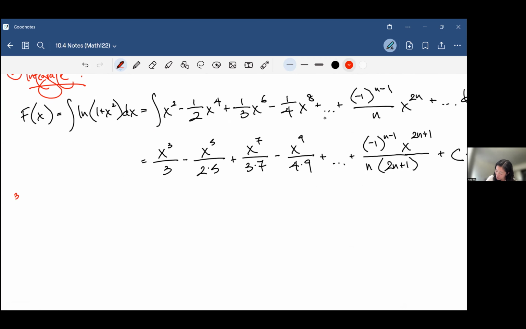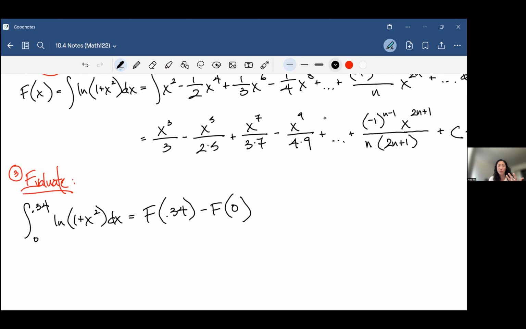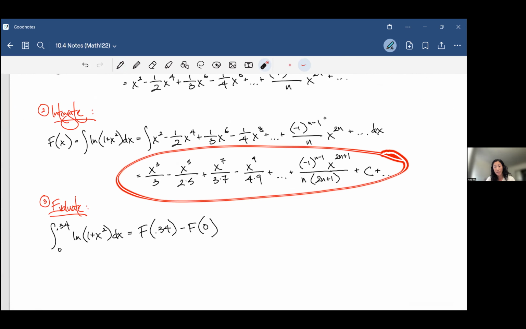Now we get to evaluate. All right, so the integral between 0 and 0.34 of this natural log of 1 plus x squared dx is equal to f of 0.34 minus f of 0, right? That's what it means when we're going to take this integral that we got from above, we're going to plug in the top bound, and then we're going to plug in the bottom bound.